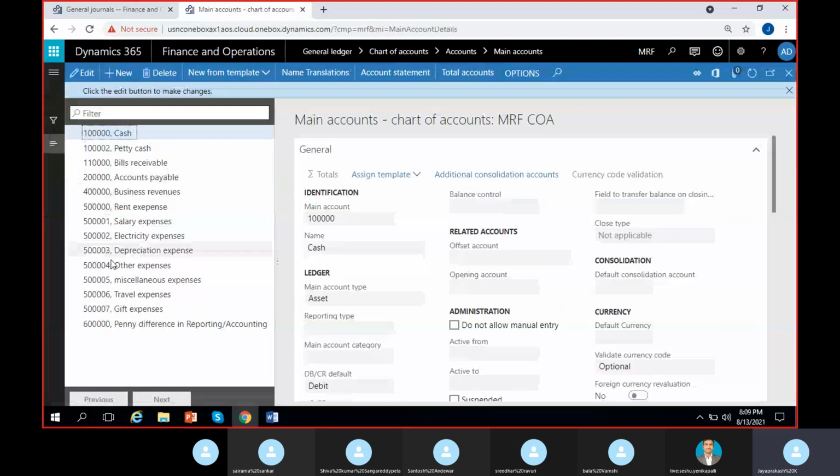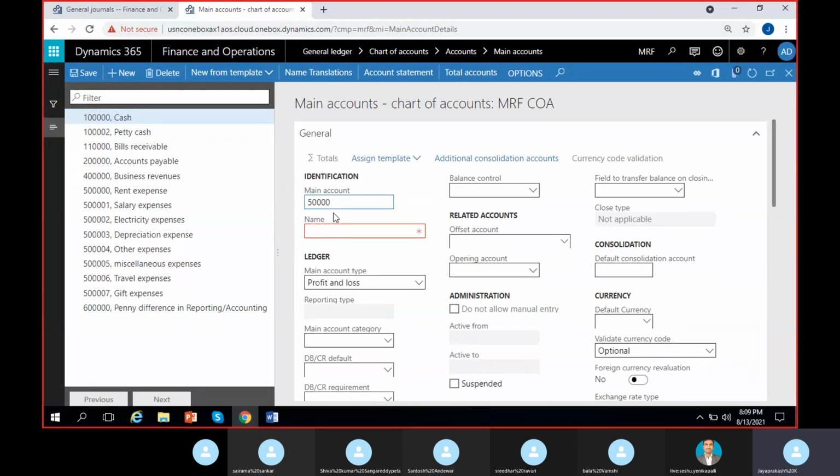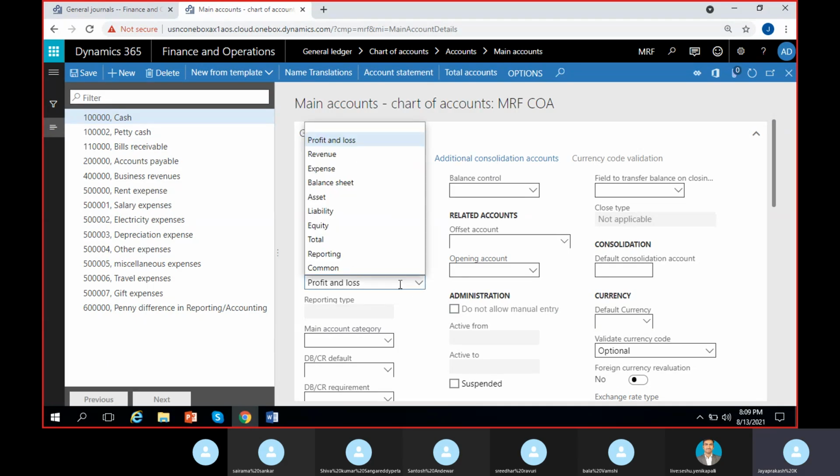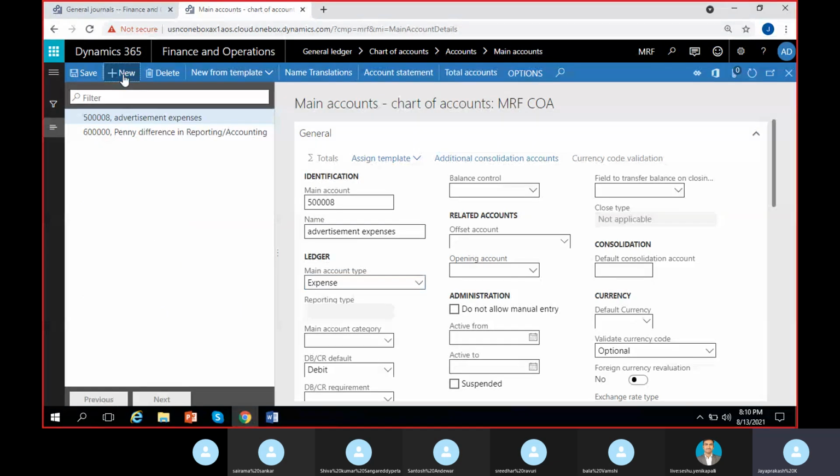So we don't have advertisement expenses, so I'll create one. Advertisement expenses, expense account. Save it. We have one business revenue account, I think so.